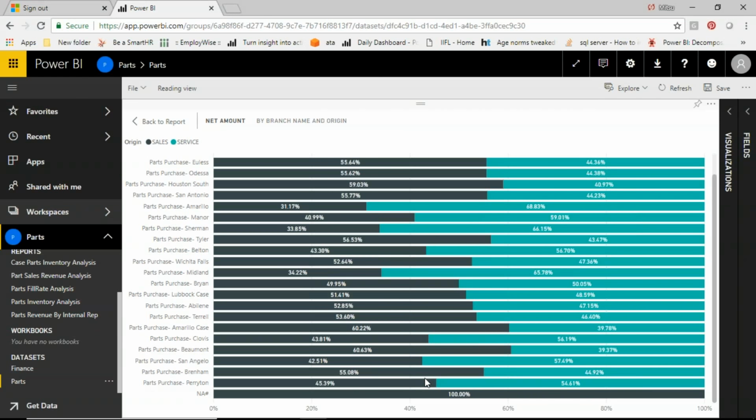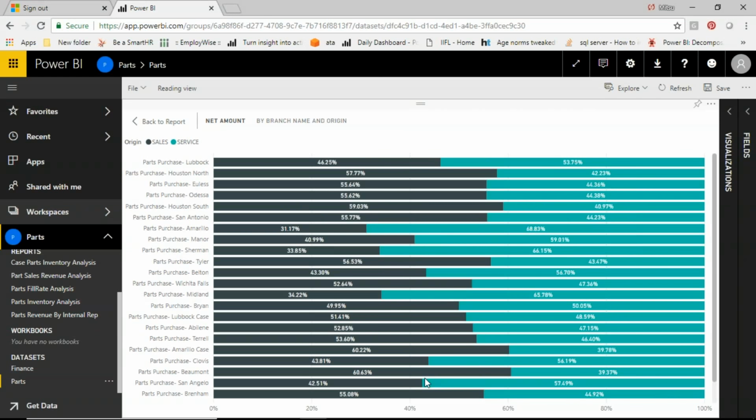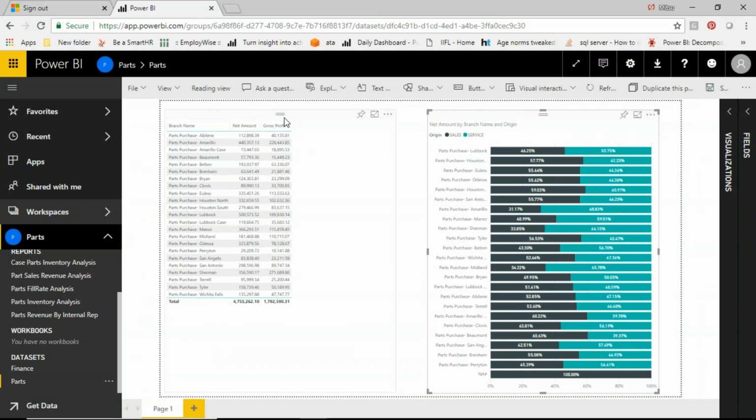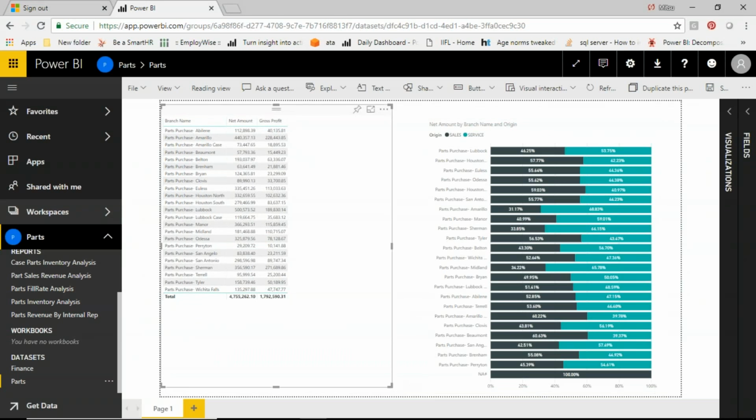Theoretically, the target is 100, but nobody gets there. We want to do all the service work for all the customers, but you can't sell parts when you can sell parts. So 50 is a good goal for now because it's right in the middle of everybody.